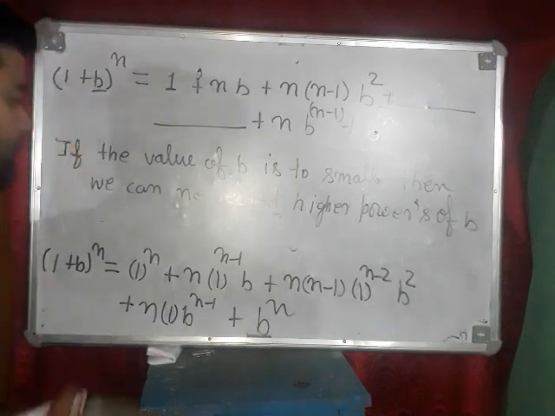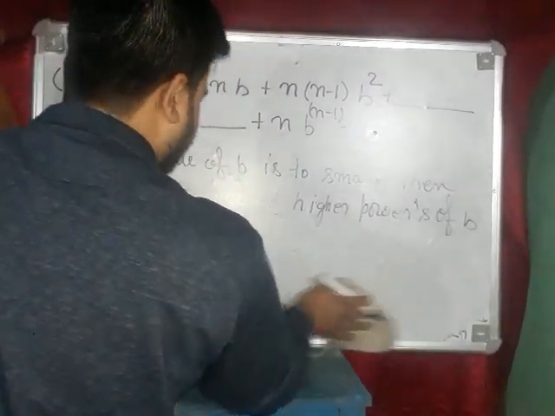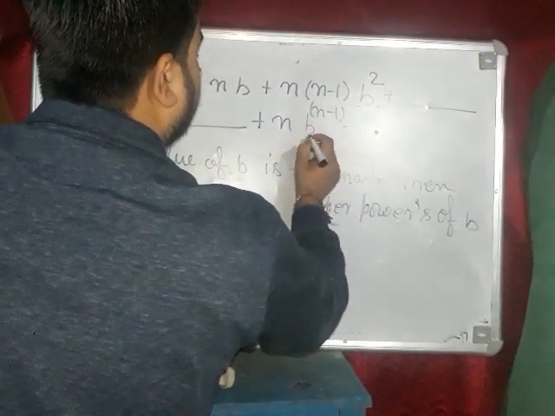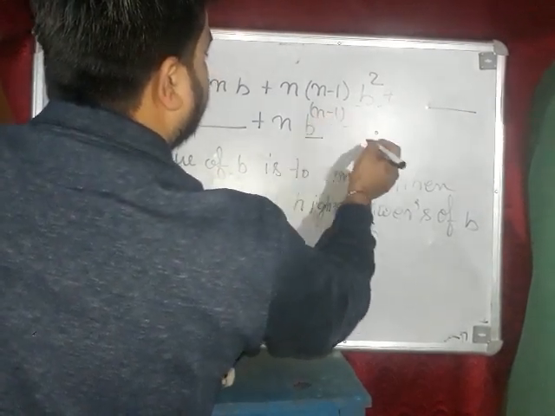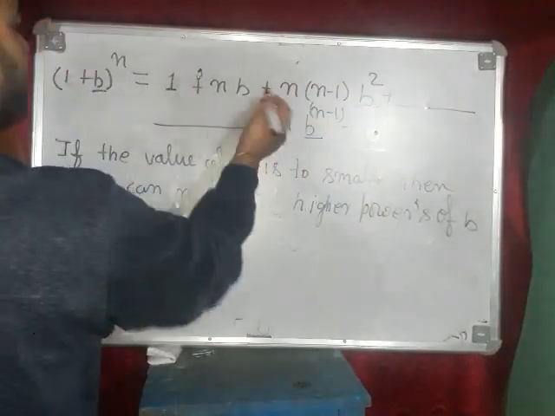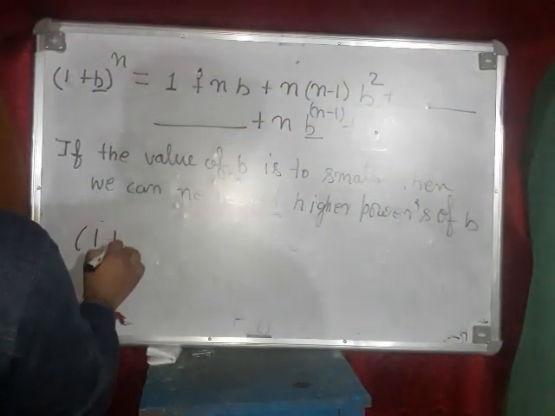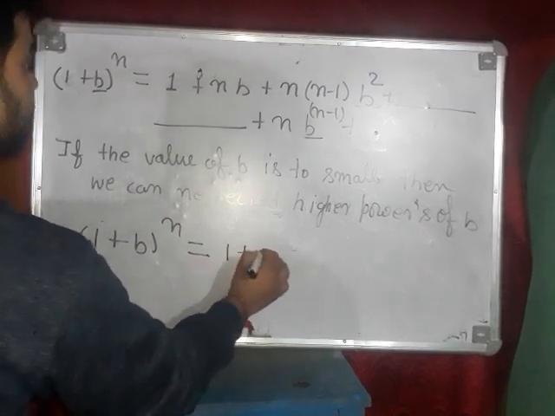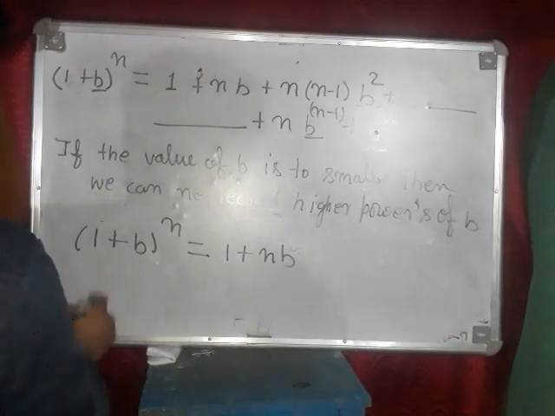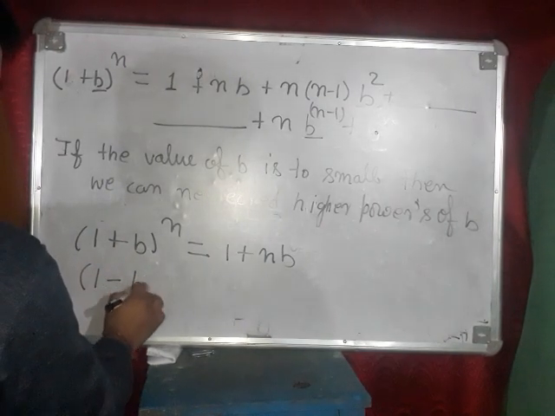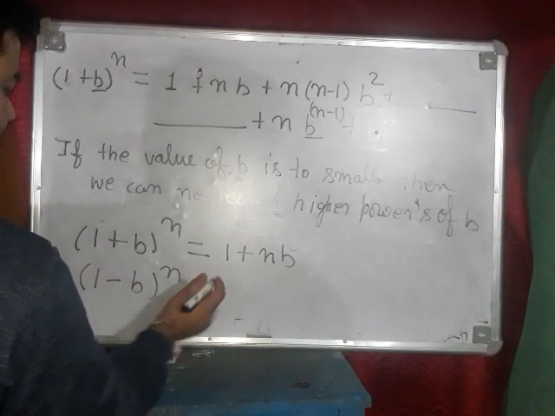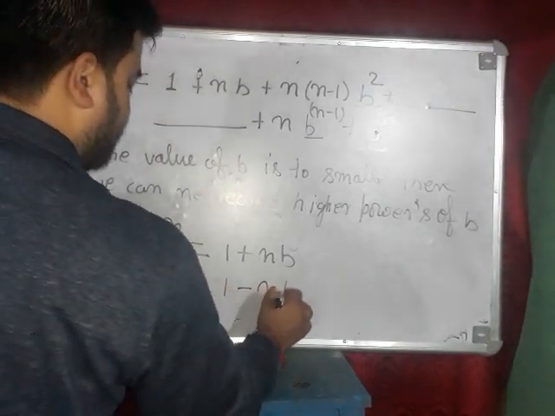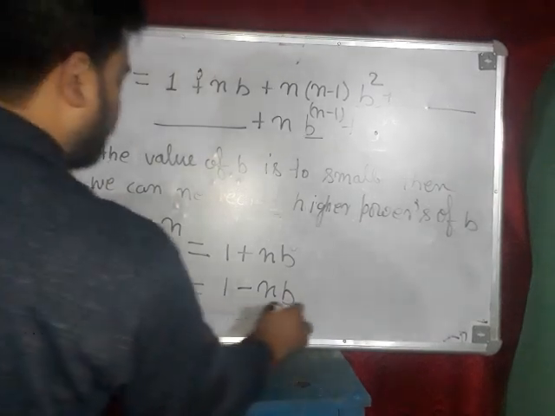So we neglect higher powers like b square, b to the power n-1, b to the power n. So (1+b) whole to the power n comes 1+nb, or (1-b) to the power n comes out 1-nb. These are very important formulas.